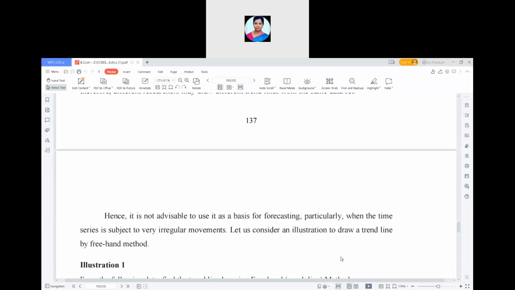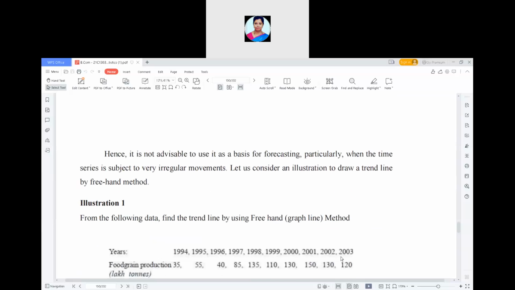The last condition cannot always be met, but we can observe it as closely as possible. Here, the time series is subject to very irregular movements only.